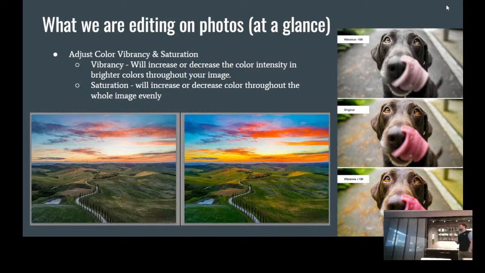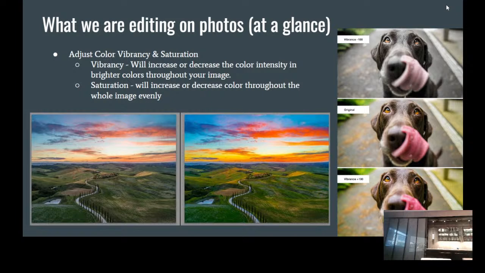The fur of the dog has more of a yellow-green tone to it, more ochre. The eyes are brighter. The background has more color saturation. By playing with vibrancy, we're taking the brightest portions of the photo, which could be the fur, the eyes, the tongue, and we're giving more life to those.